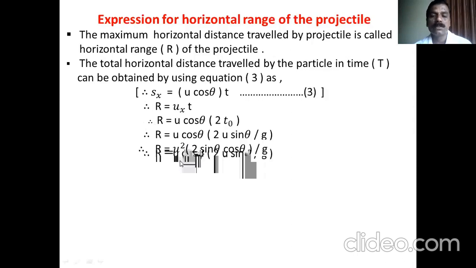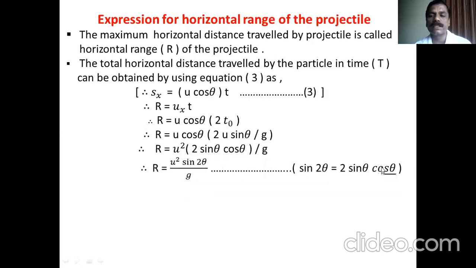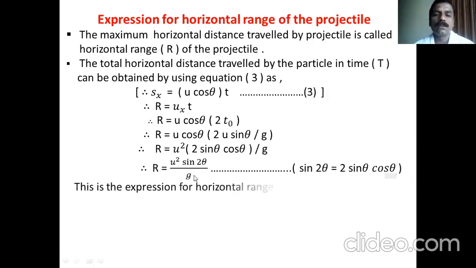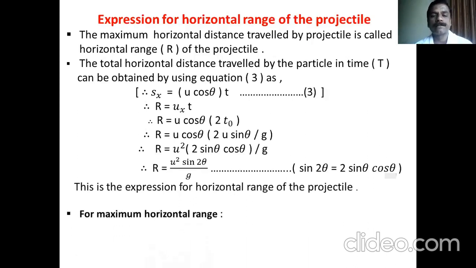We use one mathematical relation for this bracket: 2 sine theta cos theta is equal to sine 2 theta. So you have the relation capital R is equal to u square sine 2 theta divided by small g. This is an expression for the horizontal range of the projectile.